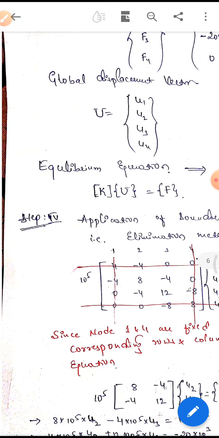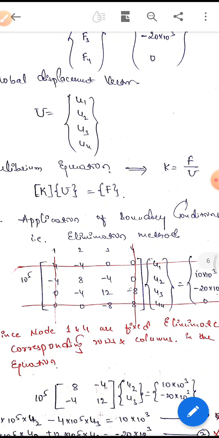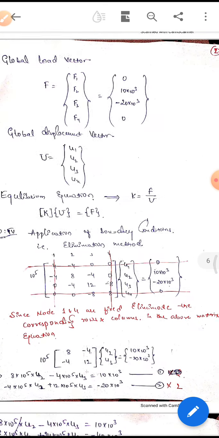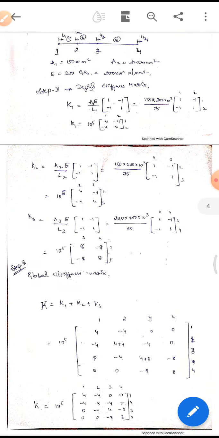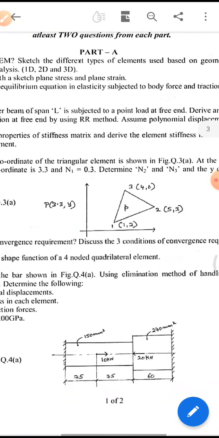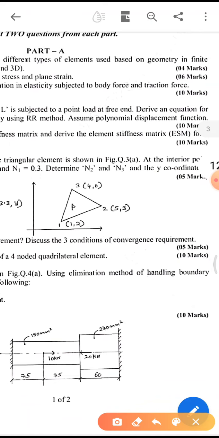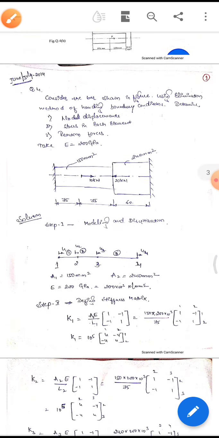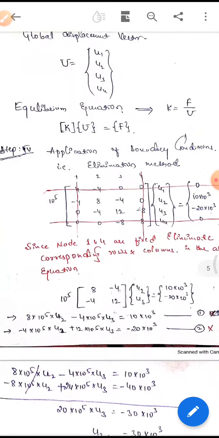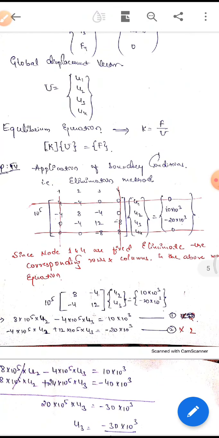That is step number 4, the application of boundary condition. Here, if you see the problem, it has been given to use the elimination method of handling boundary condition. What does the elimination method tell us?